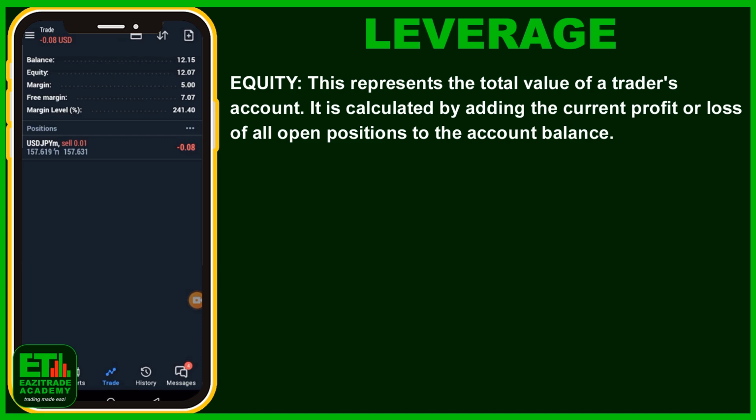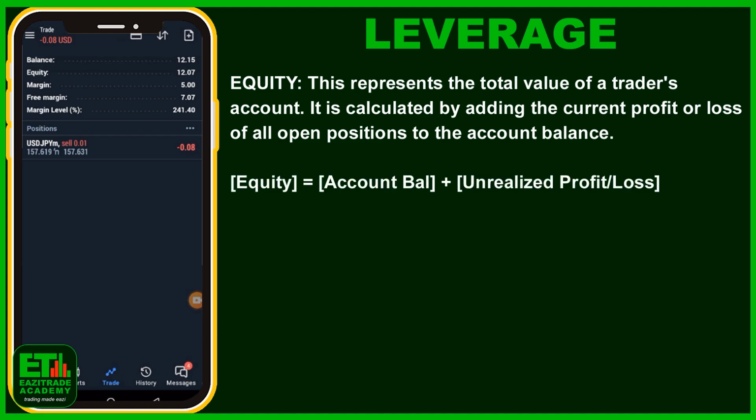It is calculated by adding the current profit or loss of all open positions to the account balance. In mathematical form, equity equals account balance plus unrealized profit or loss.